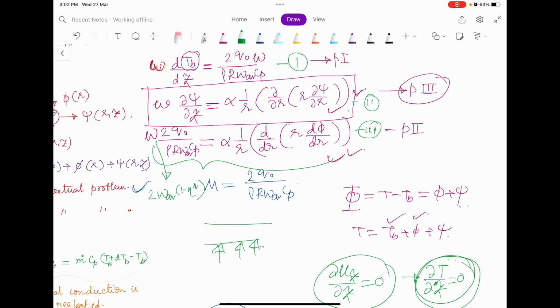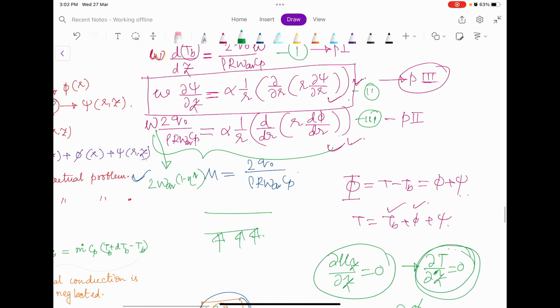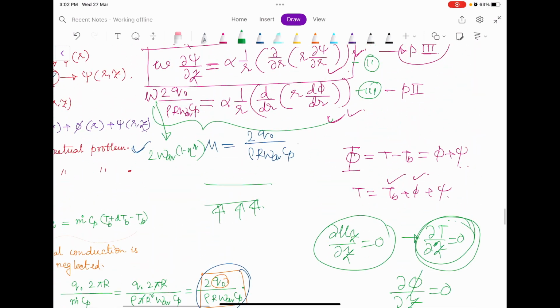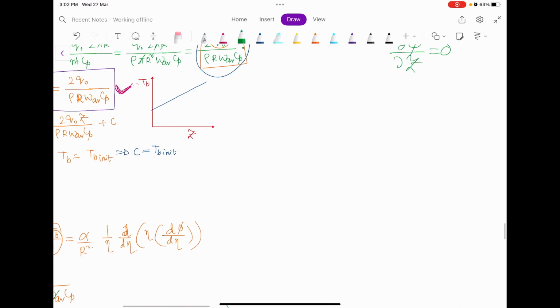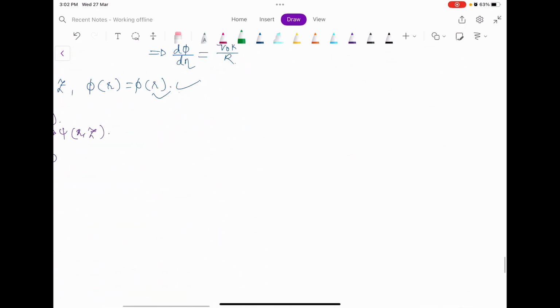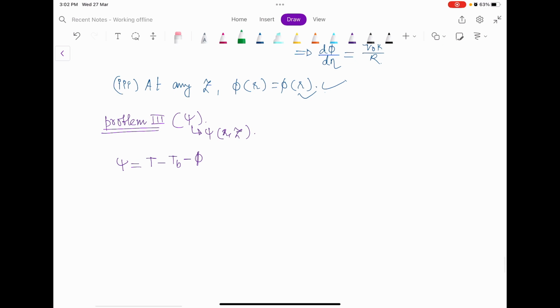Okay, so all these things I have told you to find the governing differential equation of psi here. So psi has a governing differential equation like the temperature one, right? W into del phi del z is equal to alpha times 1 by r del r of r into del phi del r.